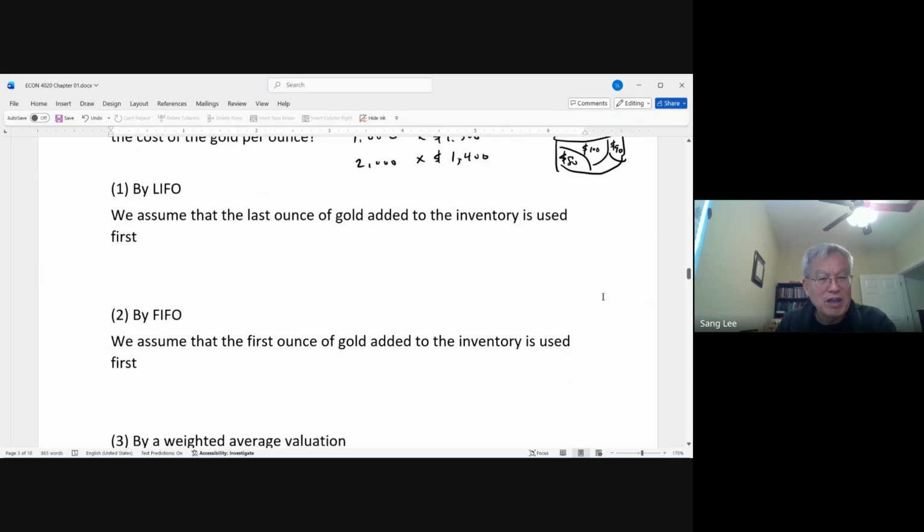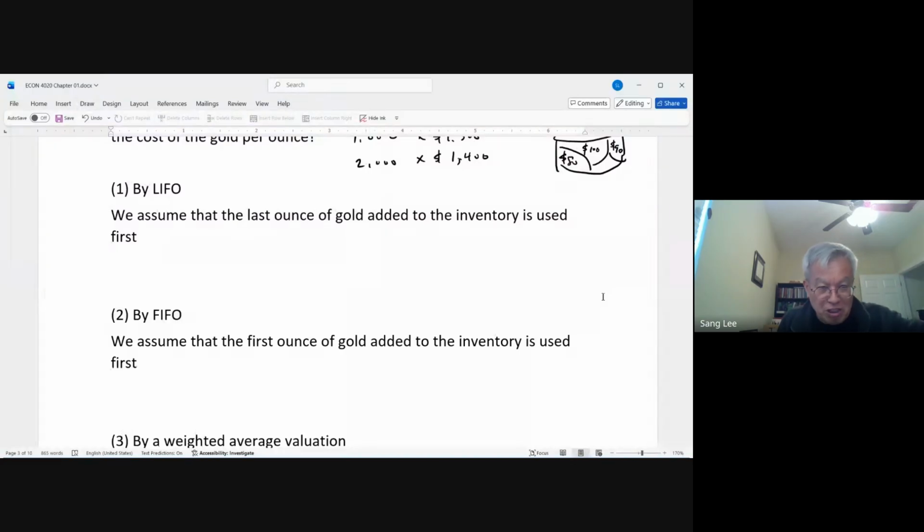First, LIFO, last in, first out. We assume that we are using the gold we purchased most recently. The gold that was purchased last is what we use first out. Here we bought gold at two different points in time.